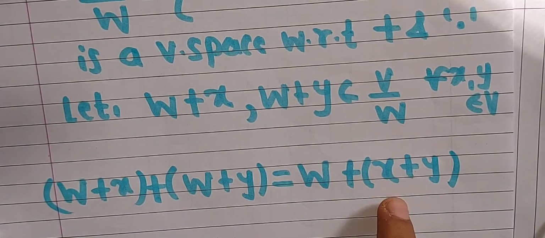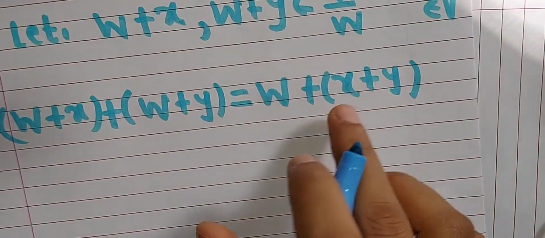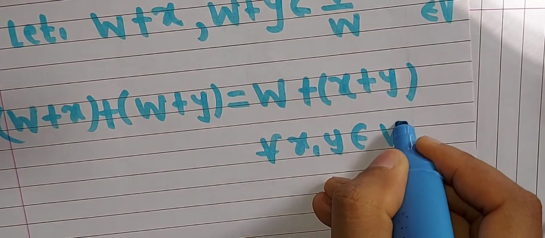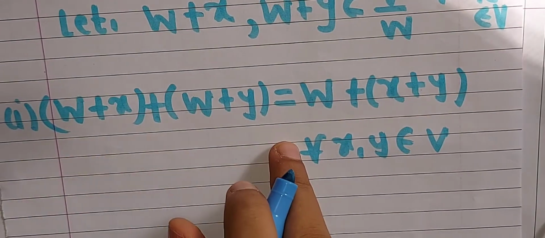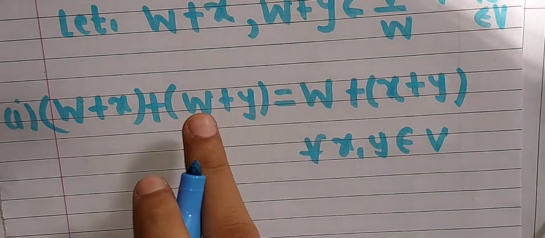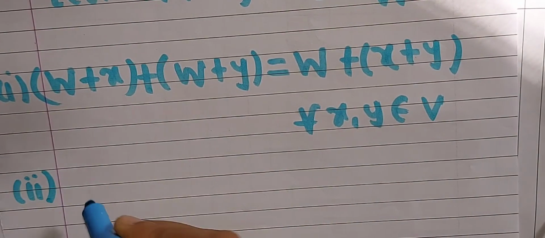So this is the addition over this quotient space, for all X, Y belonging to capital V. So we have obtained the first condition, that V by W is a vector space with respect to addition. Similarly, now we will prove the second condition.